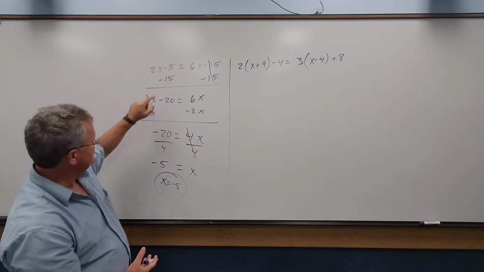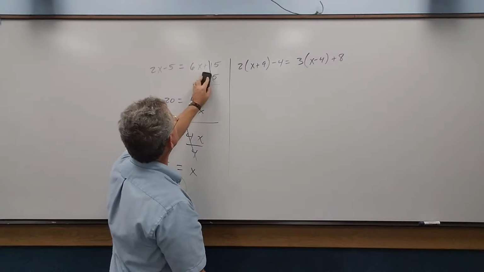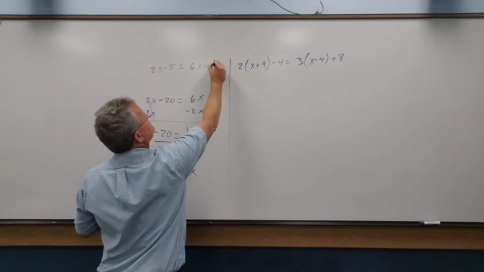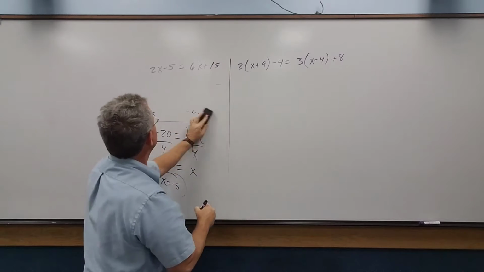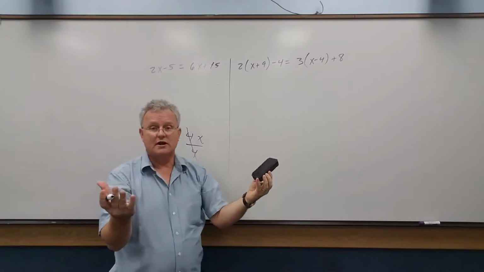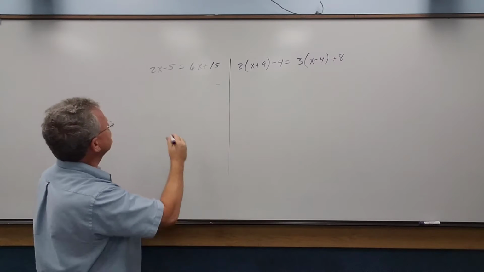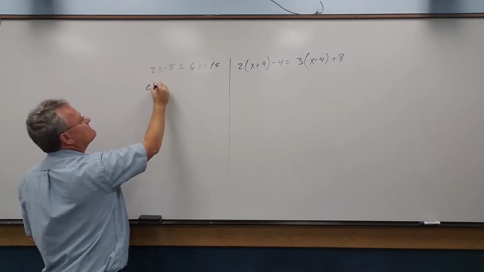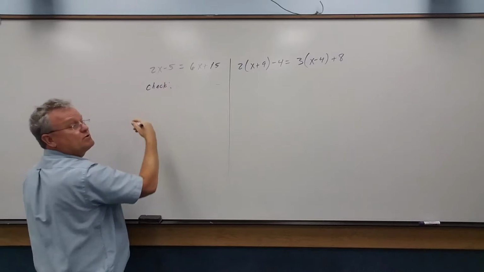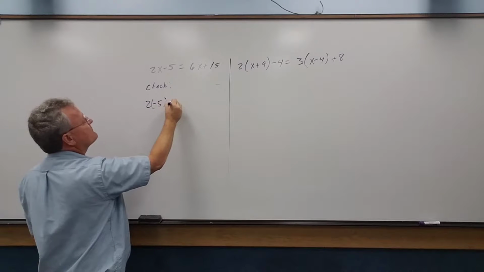But if you plug in negative 5 into our original problem, plus 15, and work it out, both sides will equal each other. I'll do that this time. So to check, plug in our answer, which was negative 5. Plug that in for x.